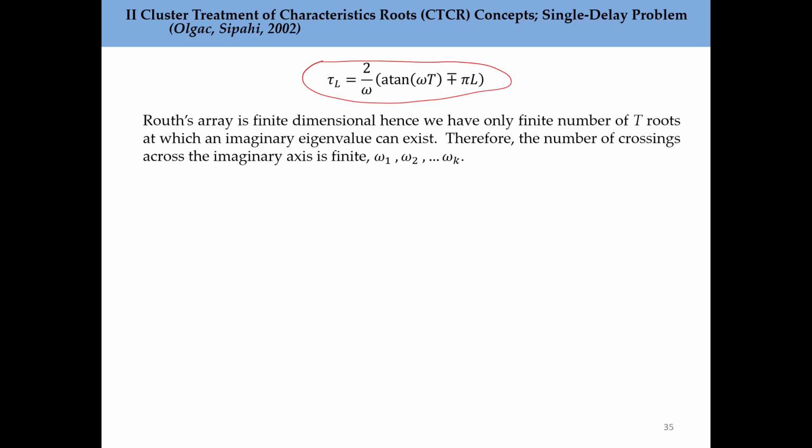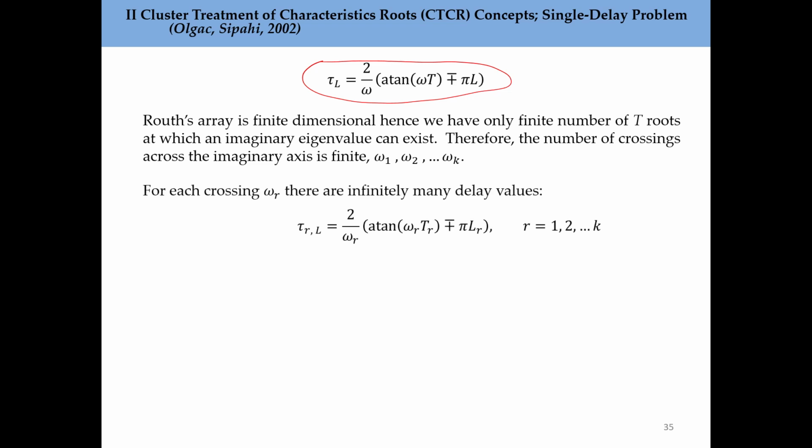So there are only a finite number of possible locations across the imaginary axis through which the system eigenvalues can migrate, whether to the left or to the right. And for each crossing, as I also highlighted in the previous slide, there are infinitely many delay values.